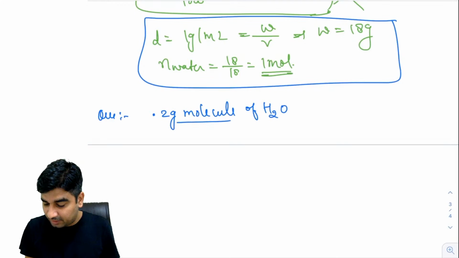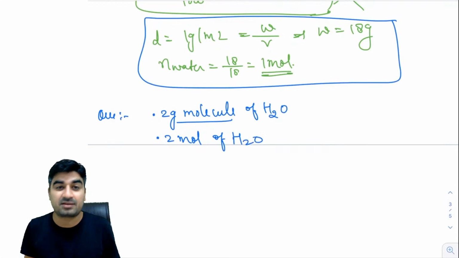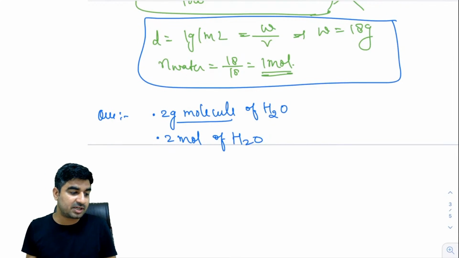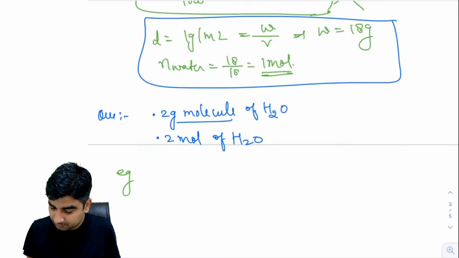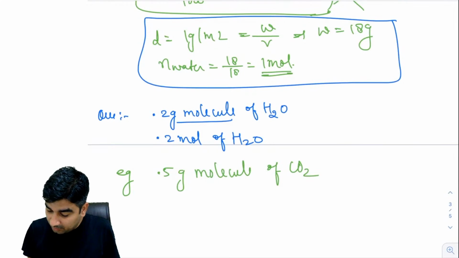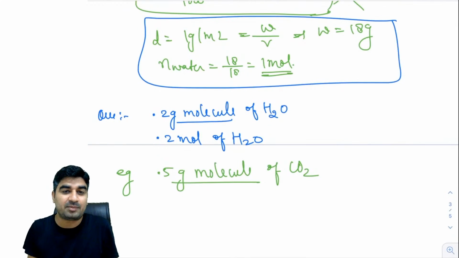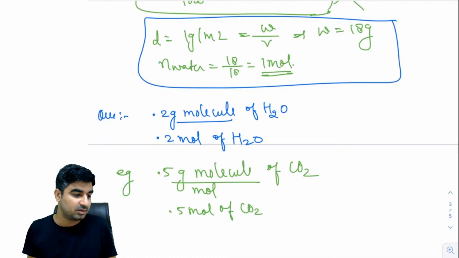When it is written like gram molecule or gram atom, underline it and write it as 0.2 mole of H2O. It is same. Always keep this in mind. If I am writing 0.5 gram molecule of CO2, just after gram, if molecule or atom appears, underline it and write it as mole. It will be 0.5 mole CO2. Right?